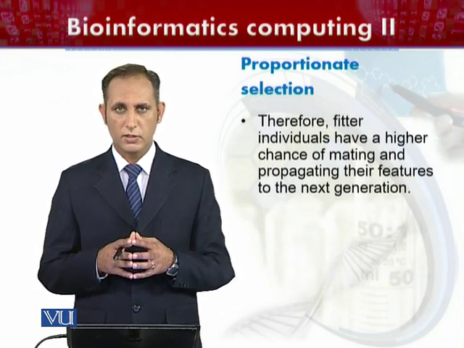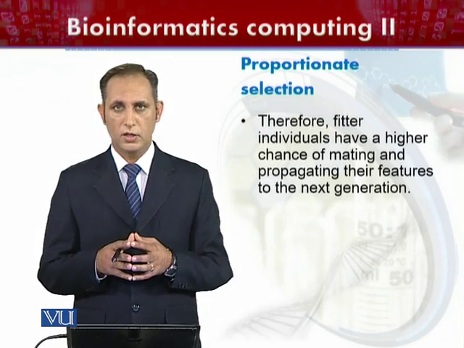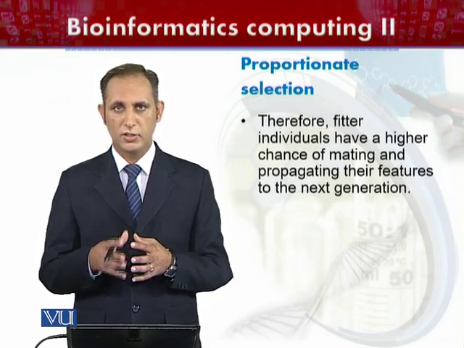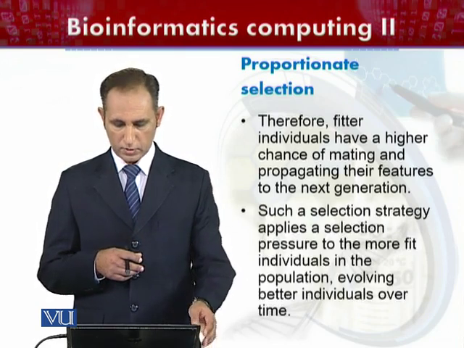On the basis of this selection method, the fitter the individual, the more probability it will have to be selected for the next generation, and that individual has a higher chance of propagating its characteristics to the next generation.